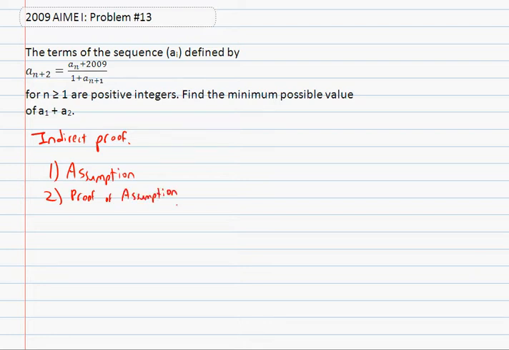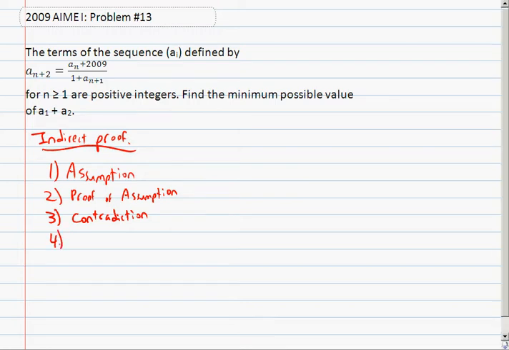With the nature of an indirect proof, that assumption will eventually lead to a contradiction, which means that we have proven that the assumption is false, which concludes the basic structure of an indirect proof.